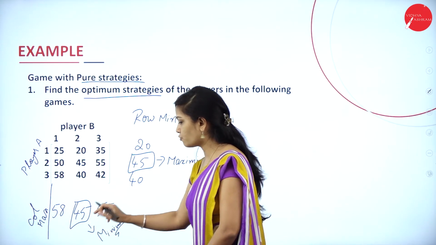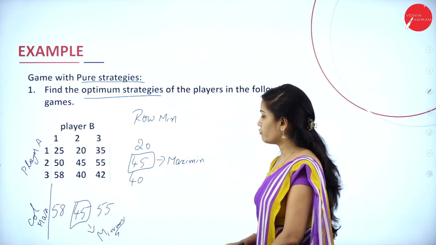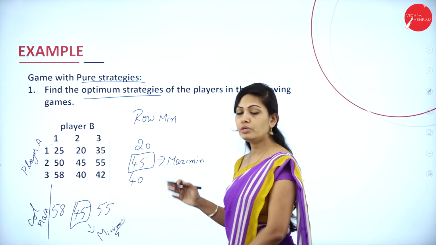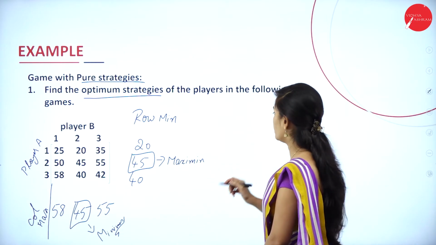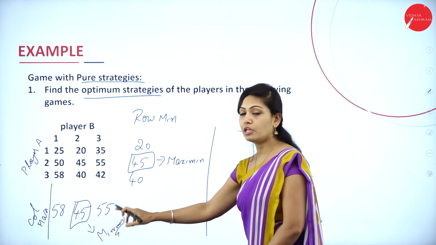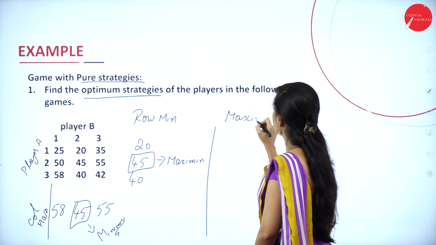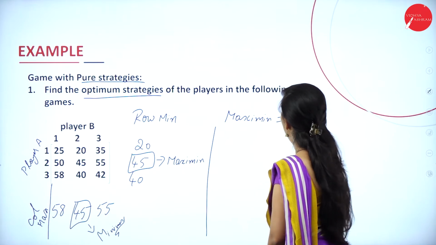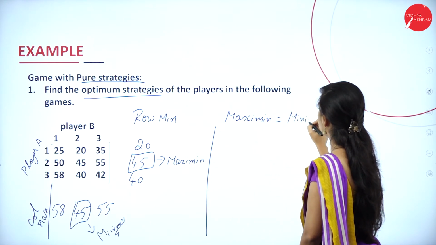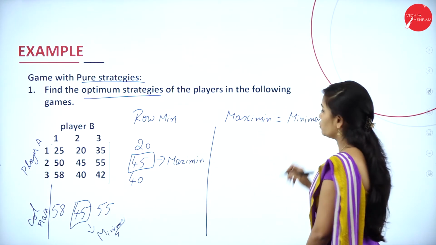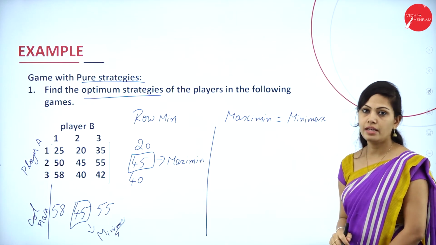So minimax is 45. Now you can cross verify whether the maximin value is equal to the minimax value. Yes, both the values are equal. So the maximin value is equal to the minimax value, and it has a saddle point.